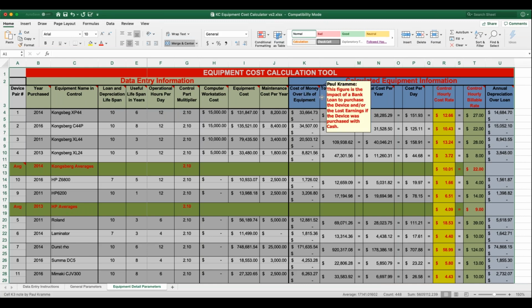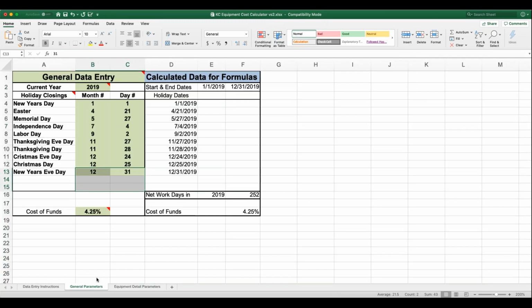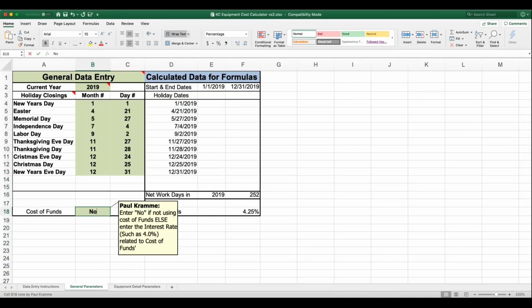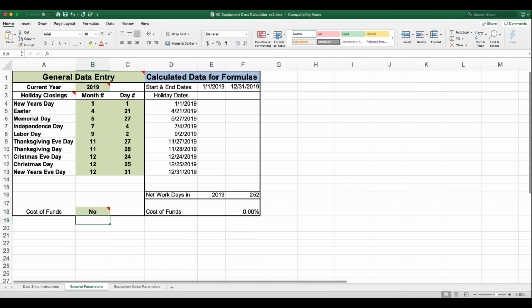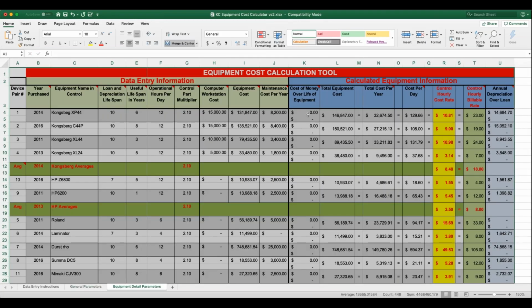Now the blue columns are calculated values, and in the worksheet that will be posted, the formulas in here will be locked, so they can't be altered. This is the cost of money for this particular device. See, it's $33,000. If I come back to that page and say no, then come back to this, that cost of money disappears.